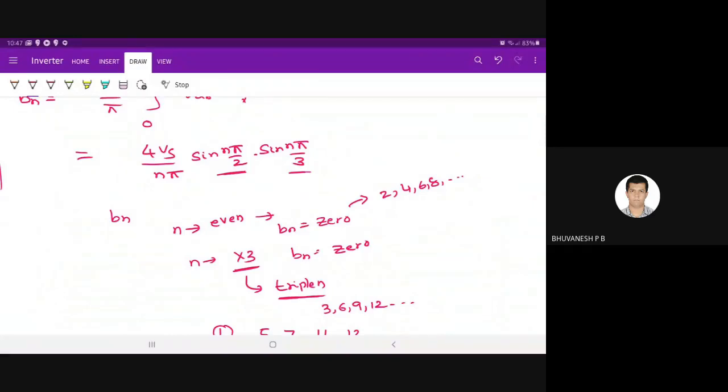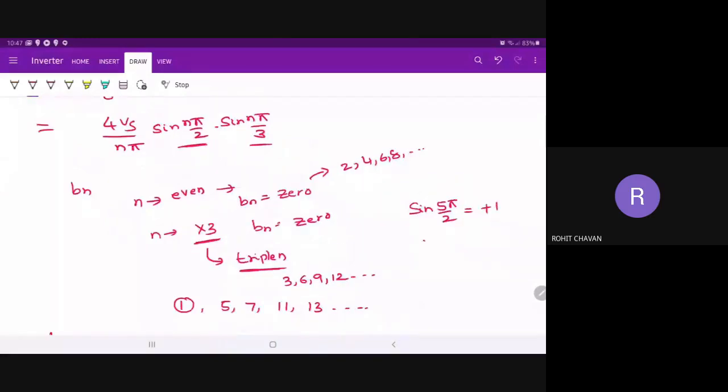What is the value of sine 5 pi by 2? Plus 1 or minus 1? Plus 1. Similarly, sine 7 pi by 2 is minus 1.